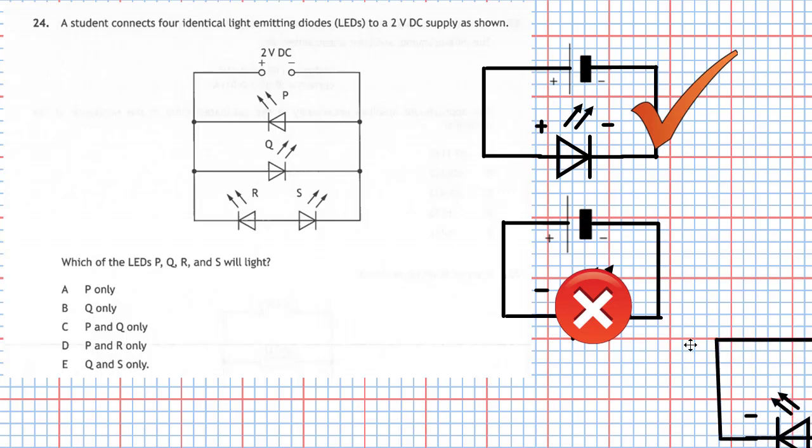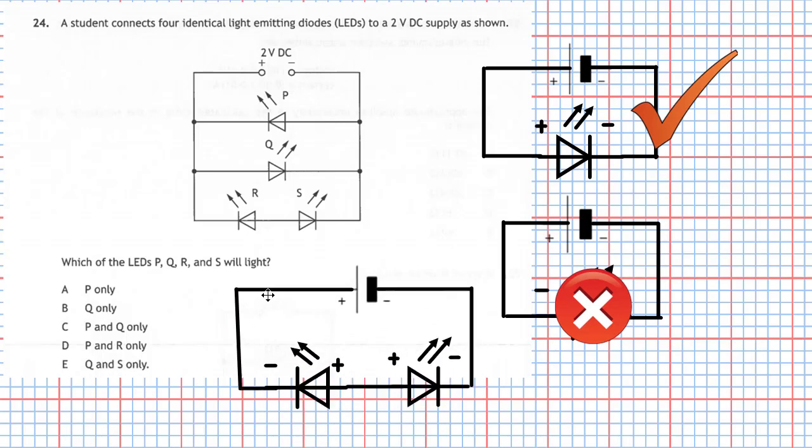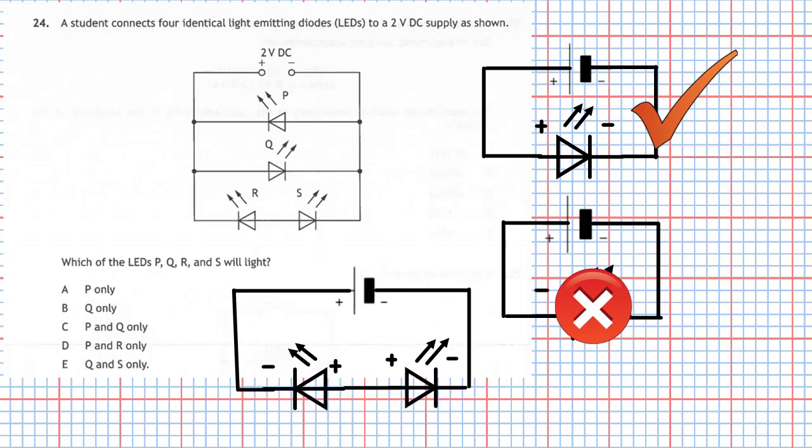If we look at this type of arrangement here, we can see something strange happening. The first LED here is in fact correctly biased. The N-type is connected to the negative supply and the P-type is connected all the way around to the positive side of the battery.